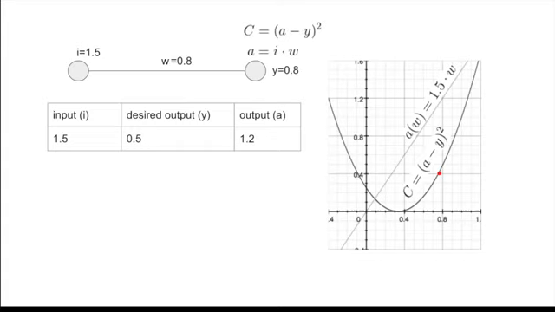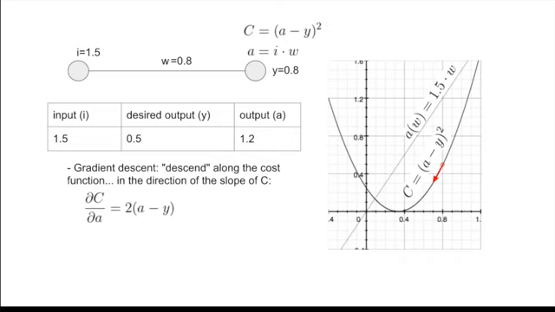This is called gradient descent. It looks at the slope at each given point and figures out which way is down. So we need to know the slope, or the derivative, of the cost function, which is simple to calculate.